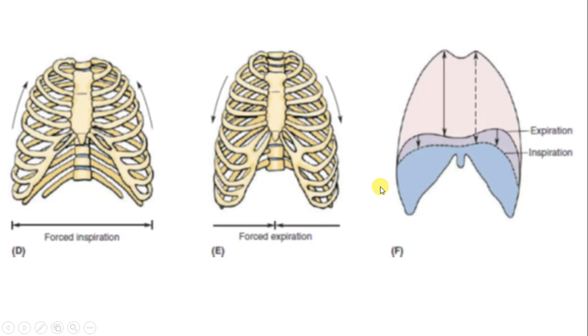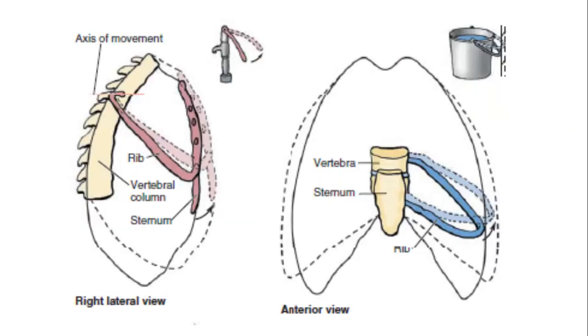So what we have understood is that through the pump handle movement it is the anteroposterior diameter which is changing, and it is occurring mostly at the vertebrosternal ribs. And here we see that the transverse diameter is increased by the bucket handle movement, and it is occurring mostly at the vertebrochondral ribs.